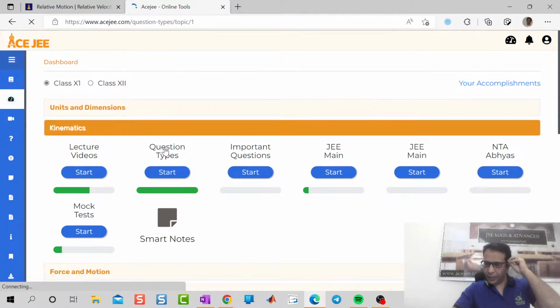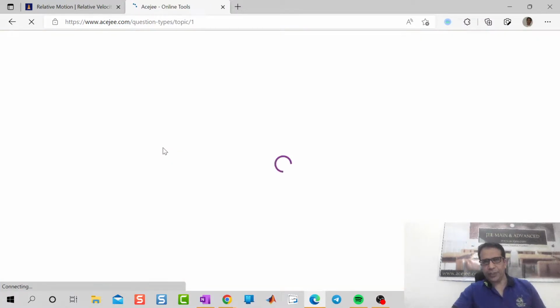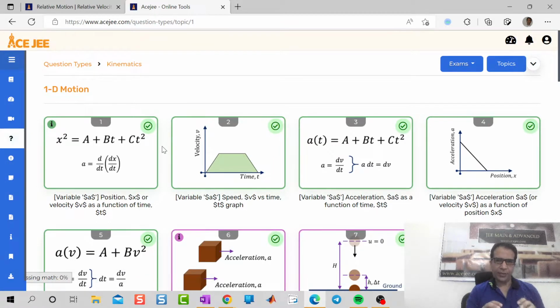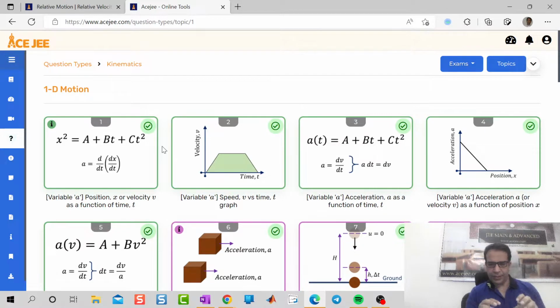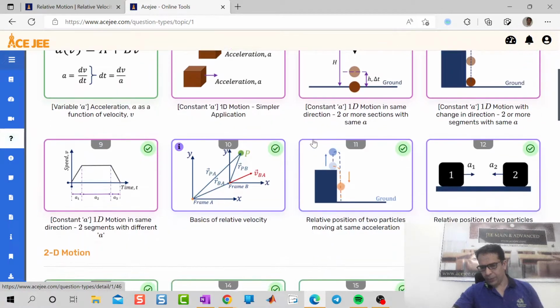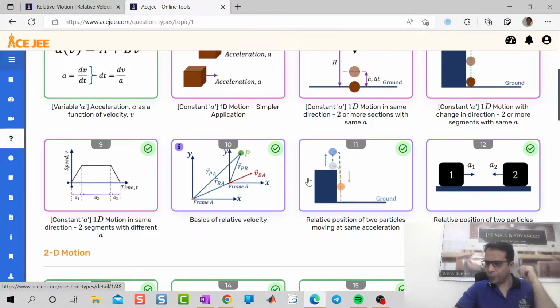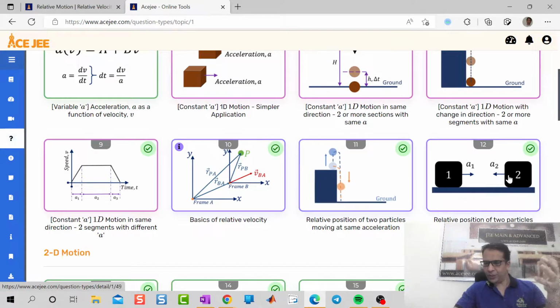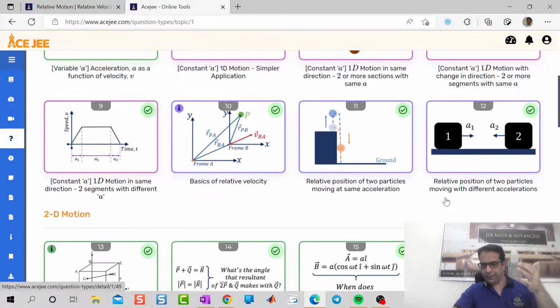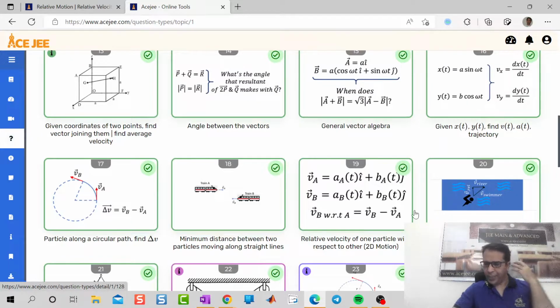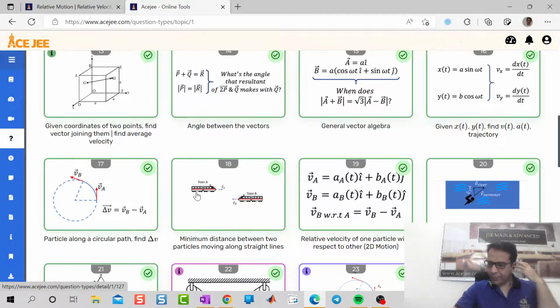So we are getting into the question types on relative motion. Now the question types on relative motion within the website are built into a couple of different question types. So for example, the one that we will be coming back to is basics of relative velocity, relative position of two particles moving at the same acceleration, relative position of two particles, and then we will have relative velocity, then minimum distance.